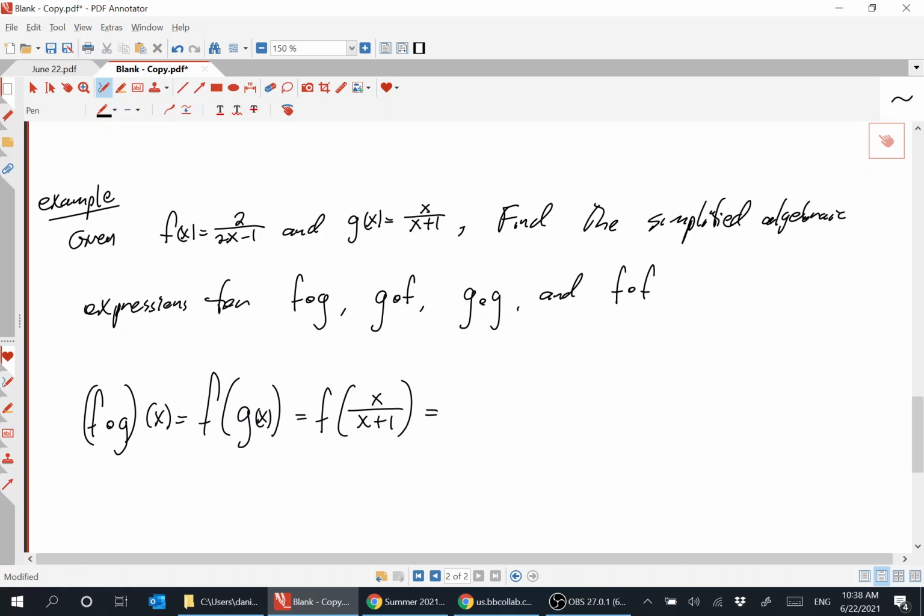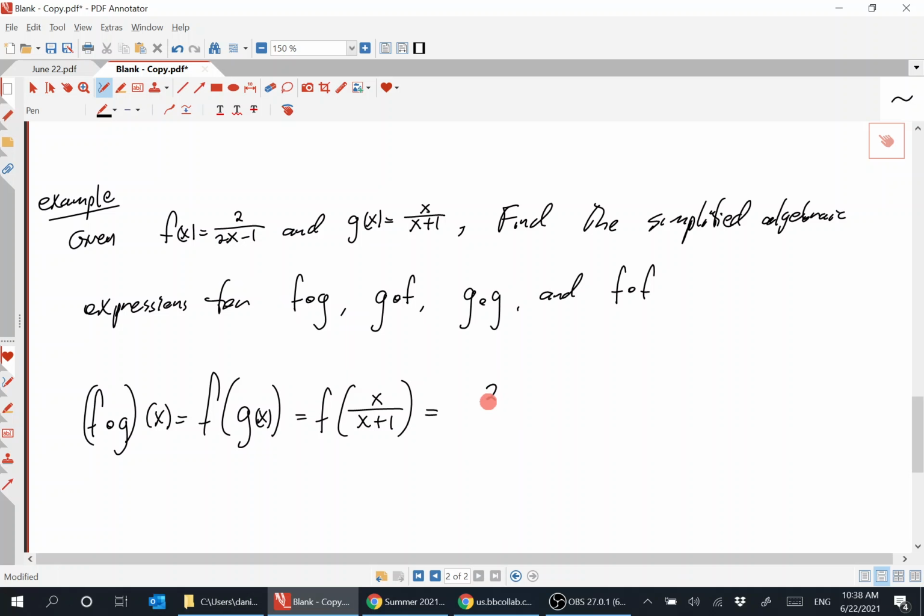Okay, so g of x is x over x plus 1. So f, I have 2 over 2x minus 1.